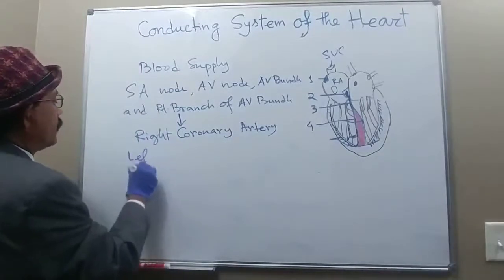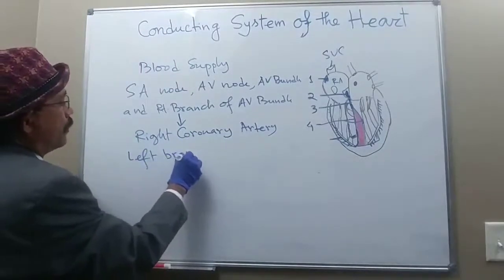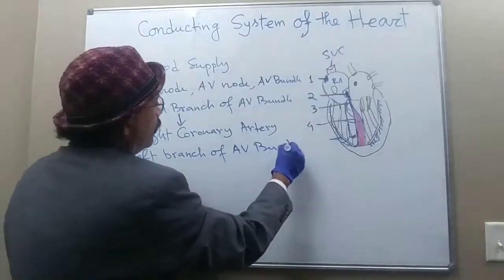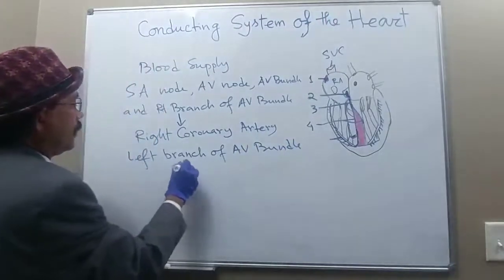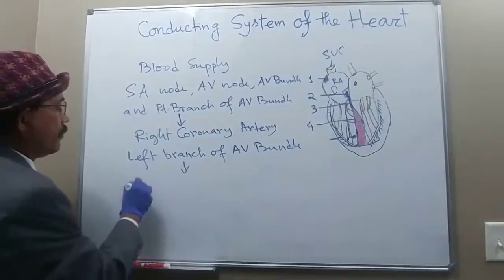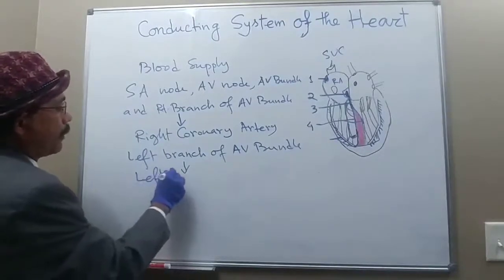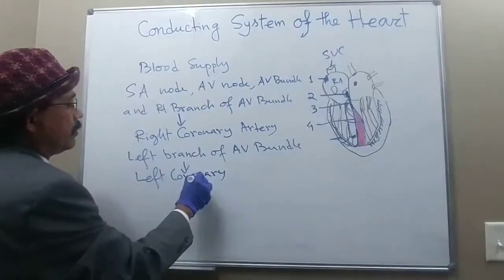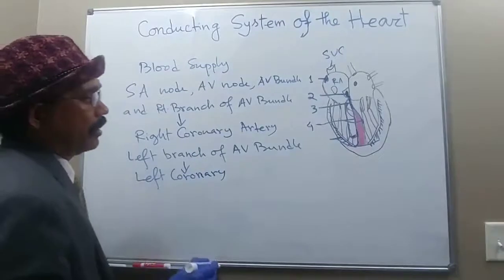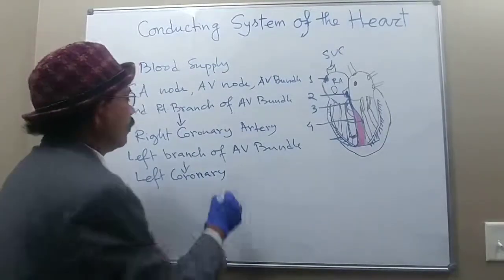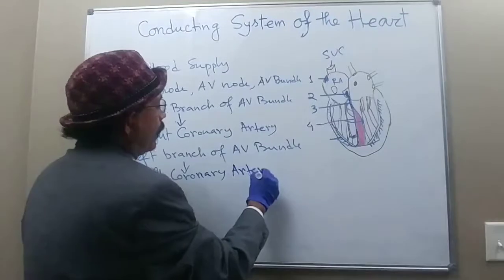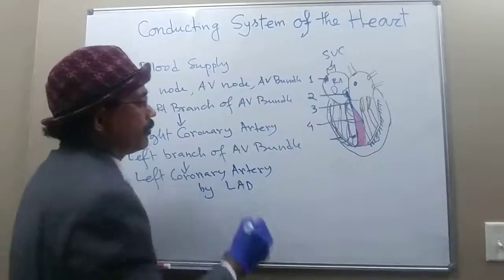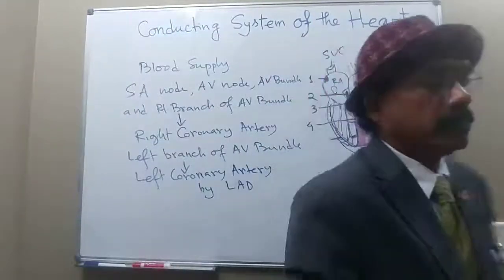For the left branch of the AV bundle, it gets its blood supply from the left coronary artery, especially by the left anterior descending branch, the anterior interventricular artery, its branch artery, LAD, left anterior descending branch of the left coronary artery.